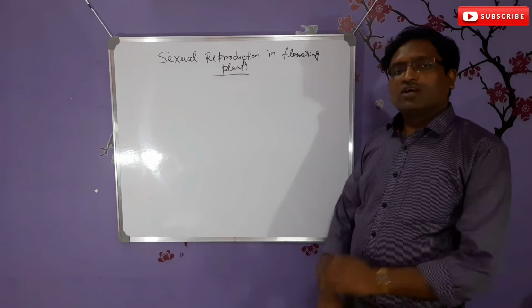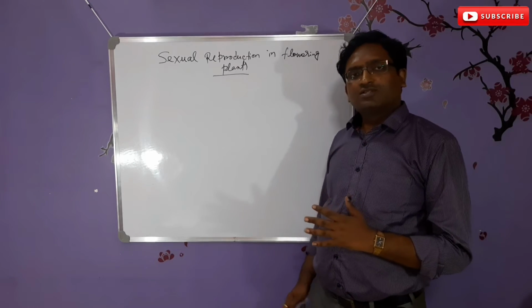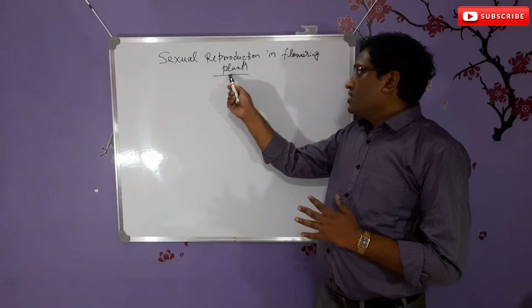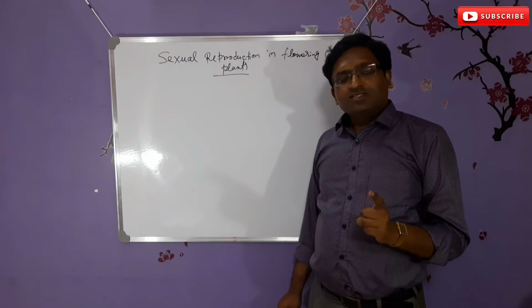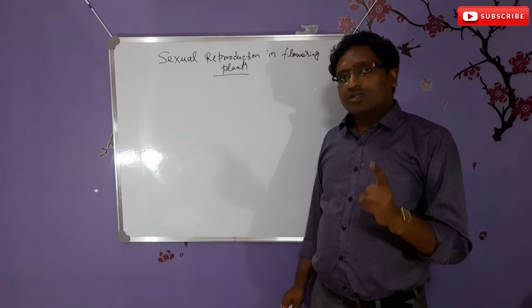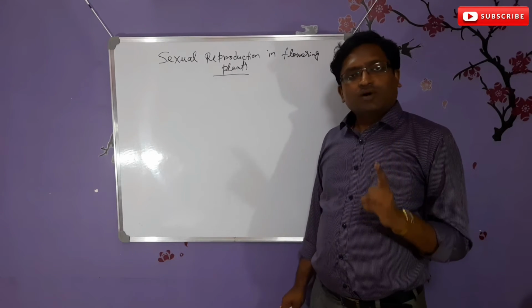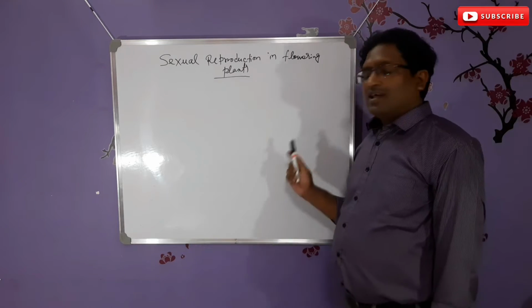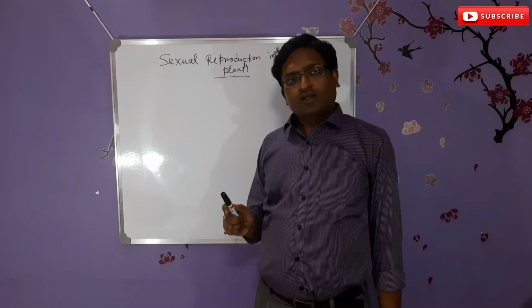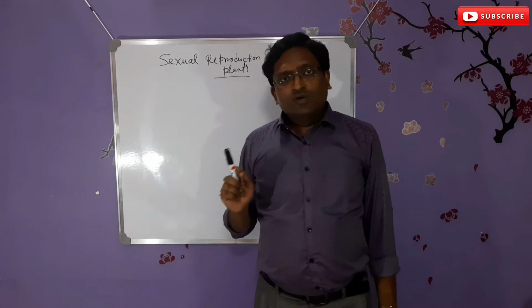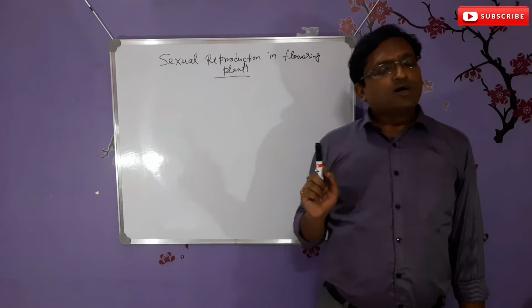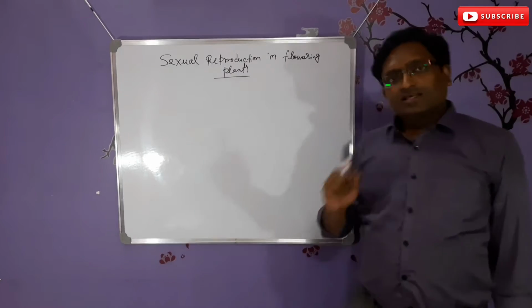So students, today I will discuss this chapter, Sexual Reproduction in Flowering Plants, which is the second chapter of Unit 1, Reproduction, of the Class 12 ISC book. I can assure you, if you prepare according to my given topics, you can score very good marks in your ISC exam.